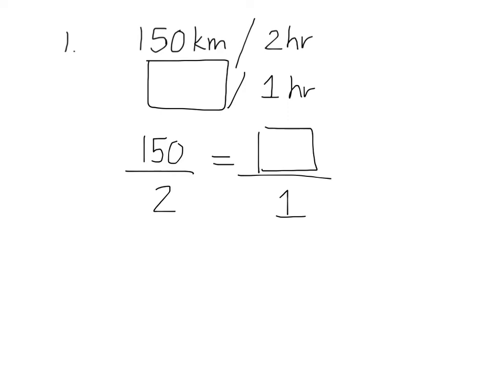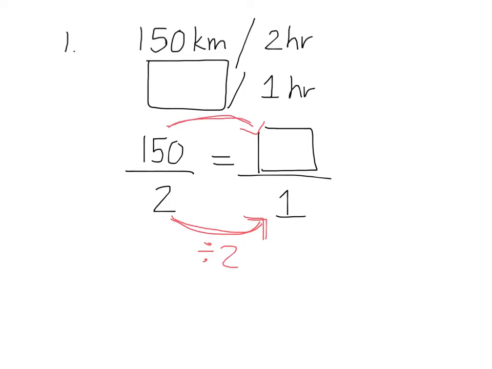Remember this yesterday? Remember we did this way as well? How did I get from here to here? Remember it's only by division or multiplication. Okay, you could cross multiply, but I'm showing you the other way. 2, to get to 1, would I multiply or divide? Divide, because it's smaller. 2 divided by 2 is 1.